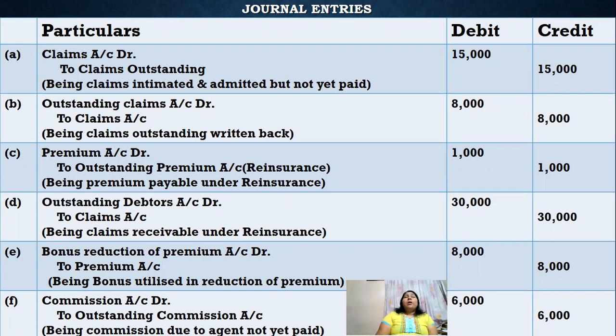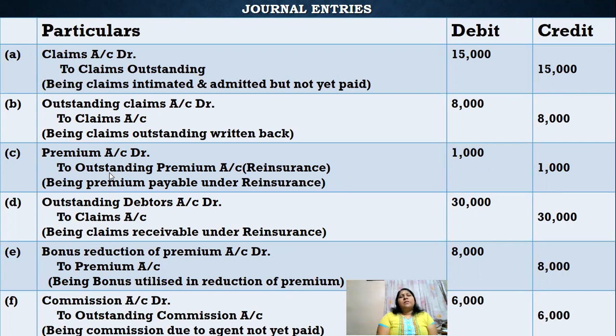And whenever any claims are written back, as per the second information, then the vice versa entry will come: outstanding claims account debit to claims account, being claims outstanding written back. It is no more an expense for the company. It is going to be written back. So at that time of transaction, we need to pass this journal entry.